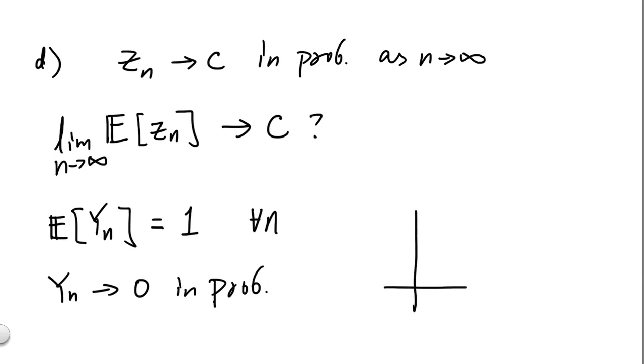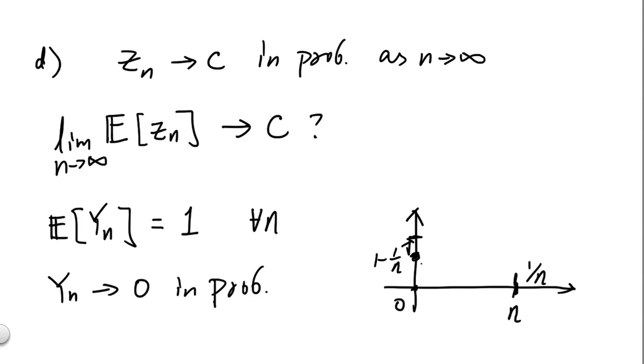And the reason, again, goes back to the way Yn was constructed. As n goes to infinity, the probability of Yn being 0, which is 1 minus 1 over n, approaches 1. So it's very likely that Yn has a value of 0. But on the off chance that Yn takes a value other than 0, it's a huge number. It is n, even though it has a small probability of 1 over n.